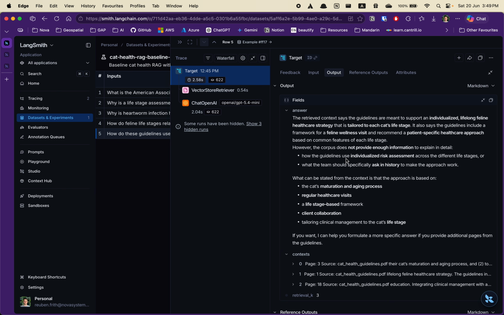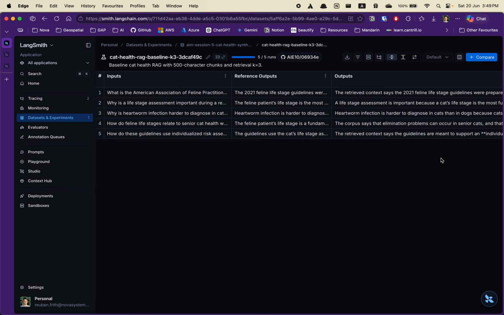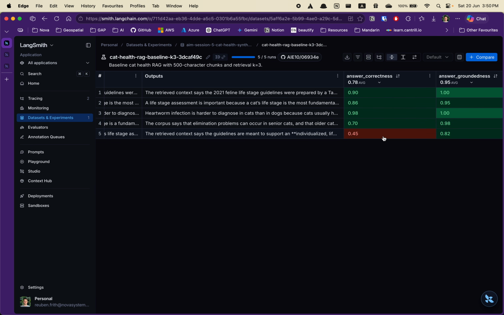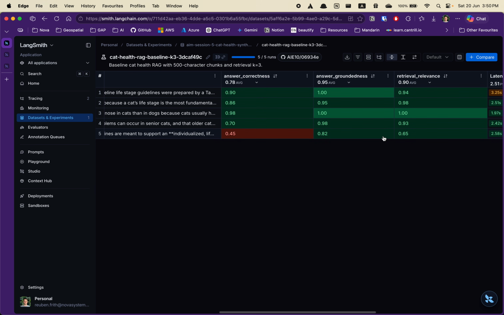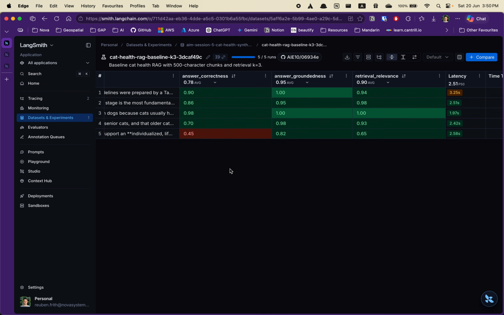And that is good LLM behavior, because this is what we specify in our system prompt, where we say if you don't have enough information, state that you don't have enough information. And so adhering here and essentially giving us a poor answer correctness is fine, because the behavior of the LLM is correct in this scenario.